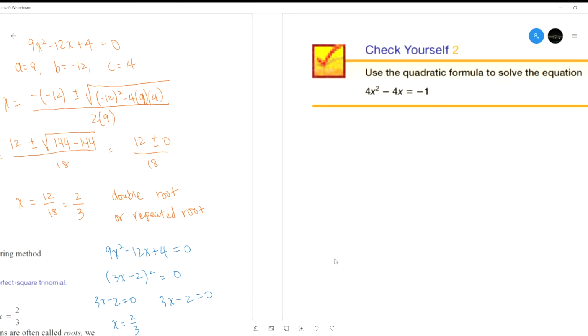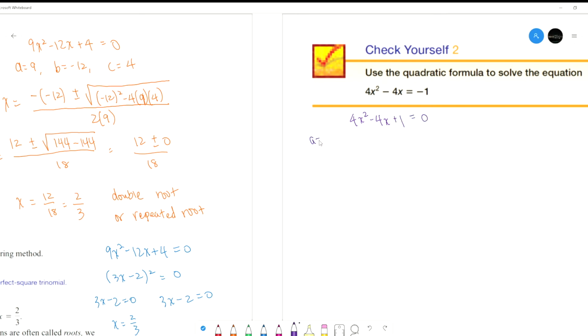Well, let's take a look at the next one now. So we first had to set this equal to 0. That means I'm going to add 1 to both sides. So we have 4x squared minus 4x plus 1 is equal to 0.